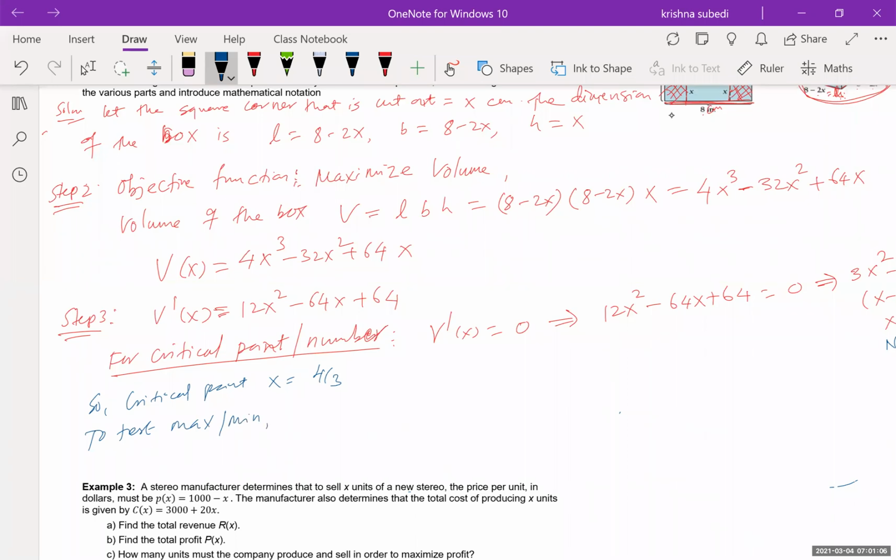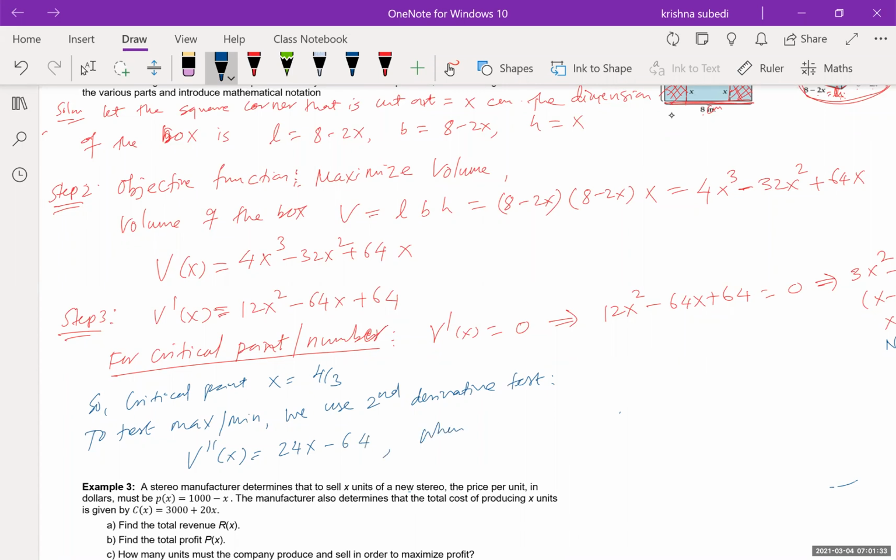You can use first or second derivative. So we use second derivative to make life easy. The first derivative is 12x squared minus 64x plus 64, so the second derivative will be 24x minus 64.